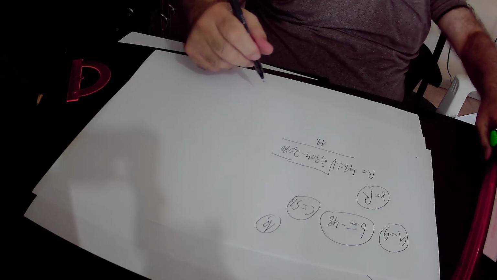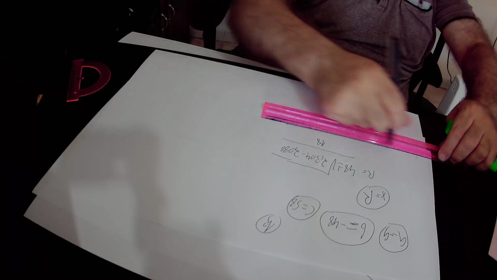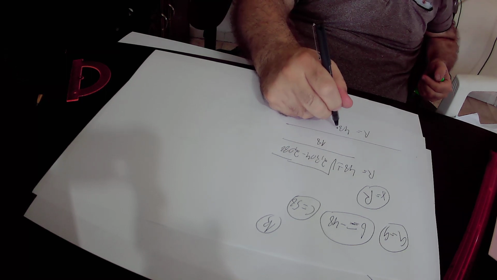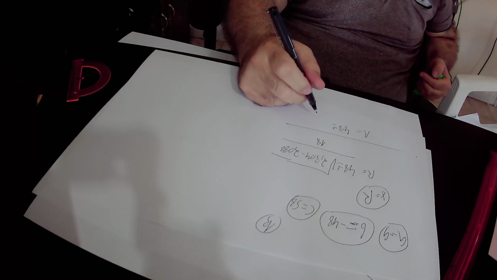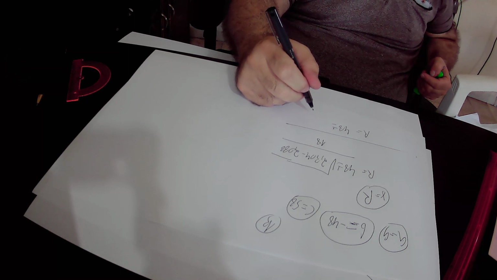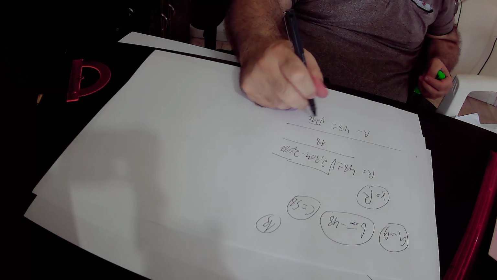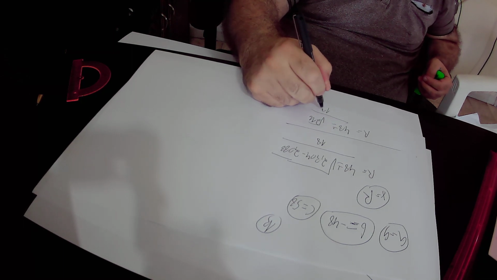So here we found out that r equals 48 plus minus the square root of 2304 minus 2088, which is 216, over 18.